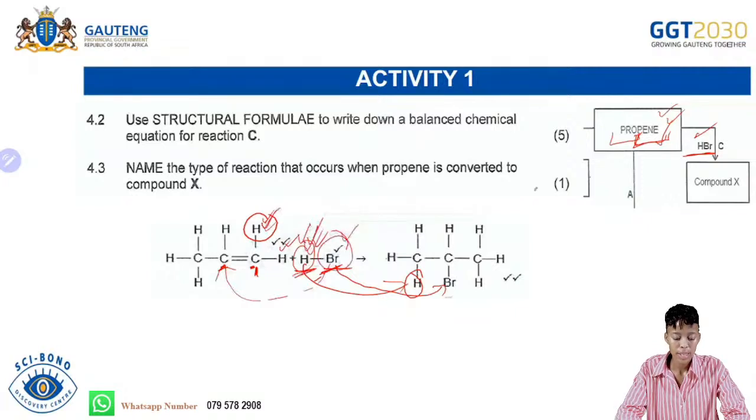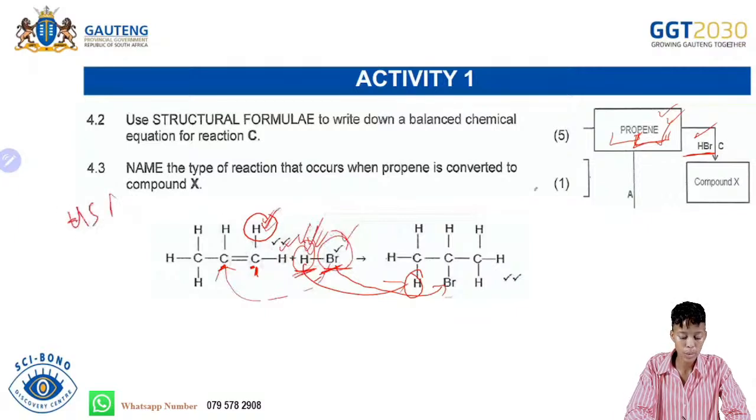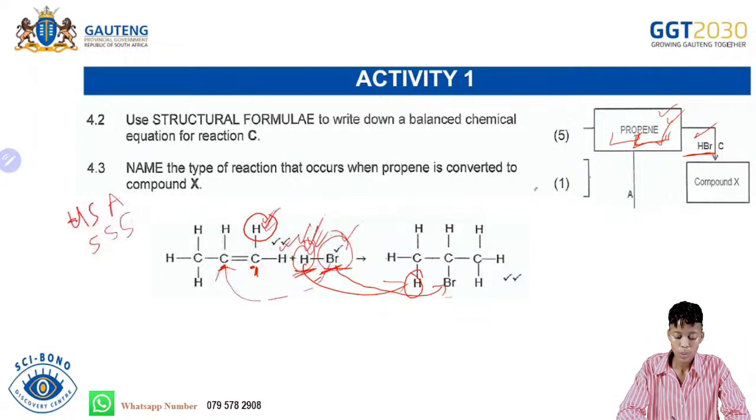The next one says name the type of reaction that occurs when propene is converted to compound X. So we need the type of reaction. Again, you can use a USA and a triple S. So where are we moving from? We are moving from an unsaturated compound. Why is it unsaturated? Because it has double bonds, to a saturated compound.